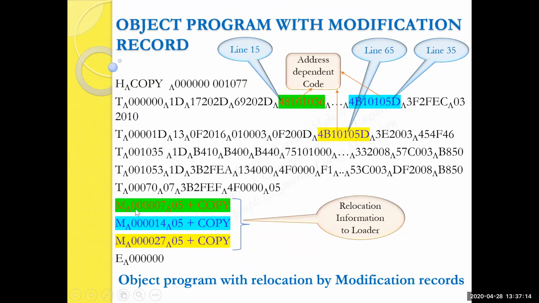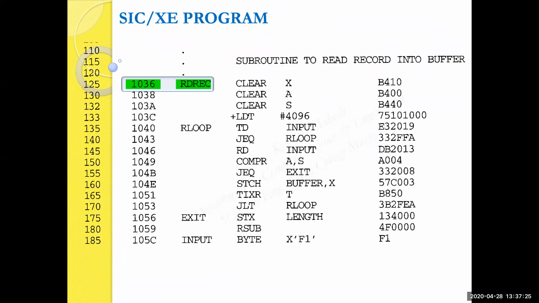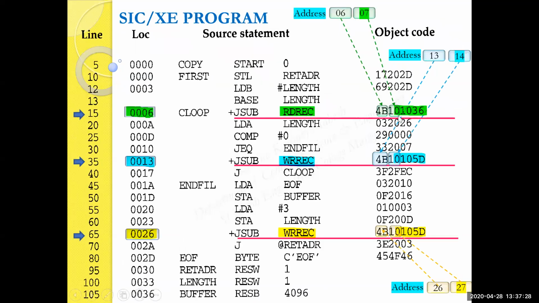So this says to the field that starts at the address 7, add the actual value of copy. So it means that currently at the memory location 7, we have 01036. But this 01036 is only a relative address corresponding to RDREC. If we load the program at the address, say 5000, then we have to add 5000 to 01036 so that the address changes to 06036.